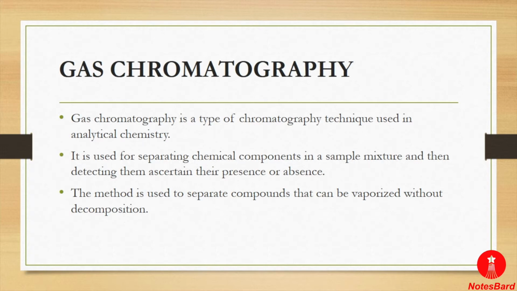Gas chromatography is quite different from other forms of chromatography because the mobile phase is a gas and the components are separated as vapor. This method is used to separate components or compounds that can be vaporized without decomposition.